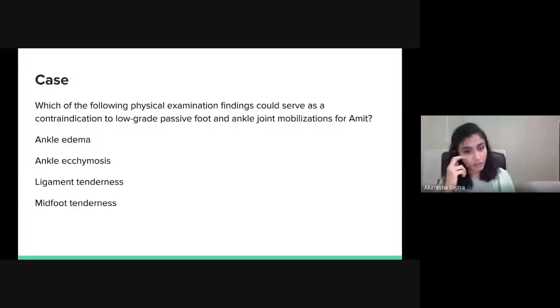Edema and ecchymosis, you usually see these, and they're very common in the initial days of normal ankle sprains. Ligament tenderness is also expected, even in later phases. Midfoot tenderness, that's where you have to be suspicious and need to know where it is tender, and rule out with your Ottawa ankle rules and see if they need to be referred, and whether they belong in your clinic.